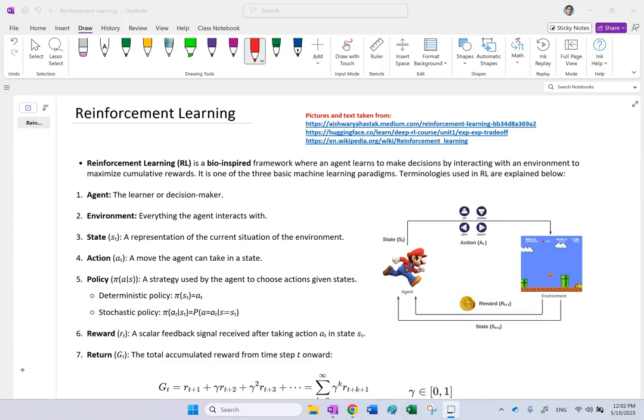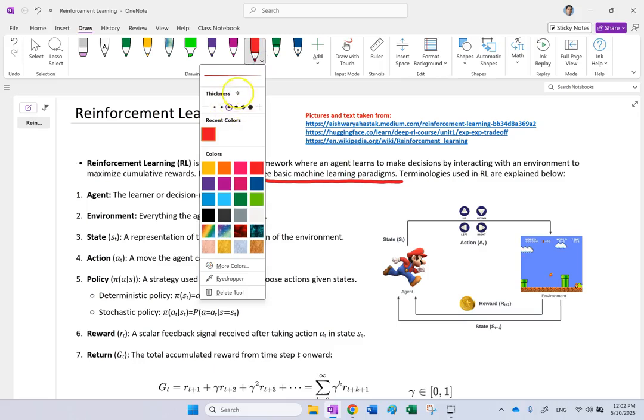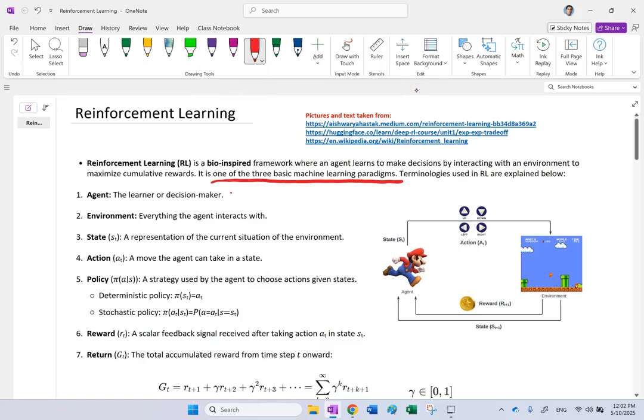What is reinforcement learning? First of all, reinforcement learning is one of the three major paradigms in machine learning. If you watch my video on machine learning, Introduction to Machine Learning Terminologies, I have two videos of that under this playlist, Machine Learning. You know that there is supervised learning, there is unsupervised learning, and there is reinforcement learning.